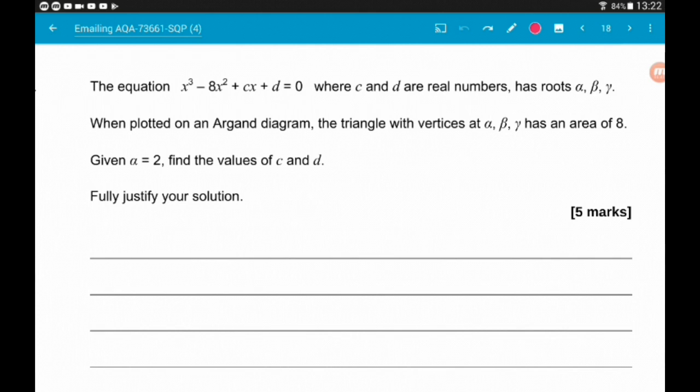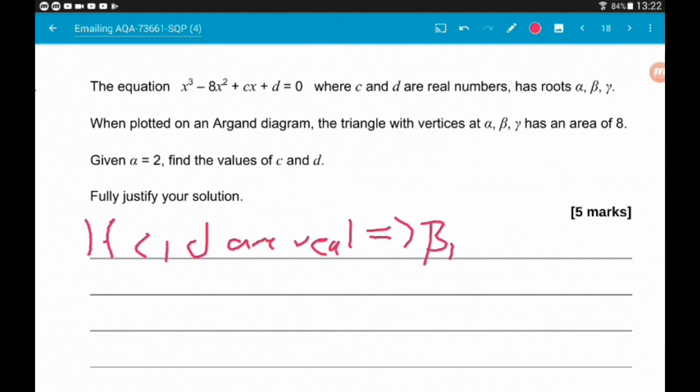As I said, it is important that c and d are real. So if c and d are real, and alpha is a purely real root, that means that beta and gamma have to be a conjugate pair.